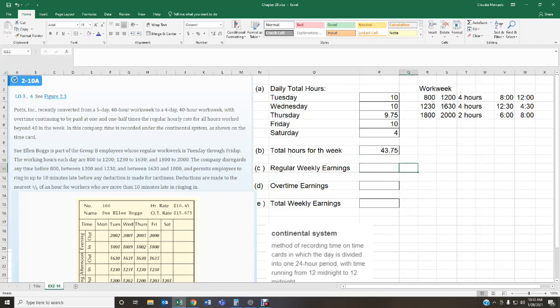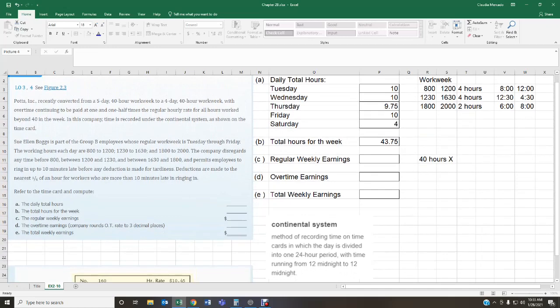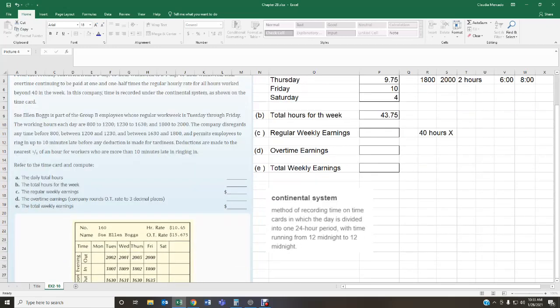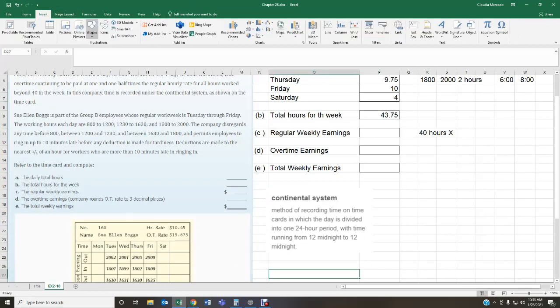Now we have to figure out the regular weekly earnings. Regular hours are 40 hours. So we've got 40 hours, and I'm going to multiply by my rate. Your rate is given right here.